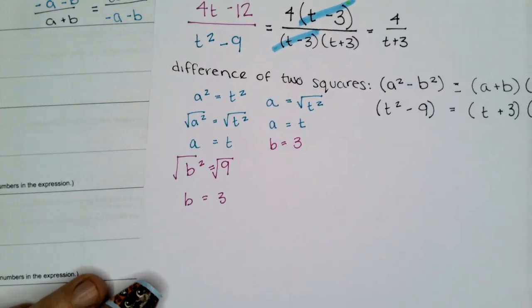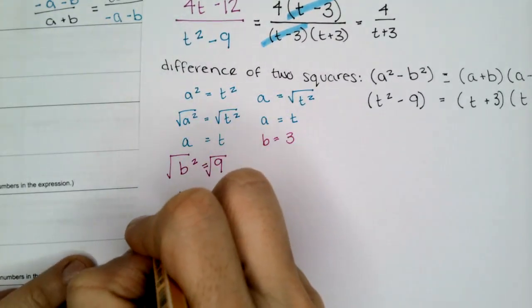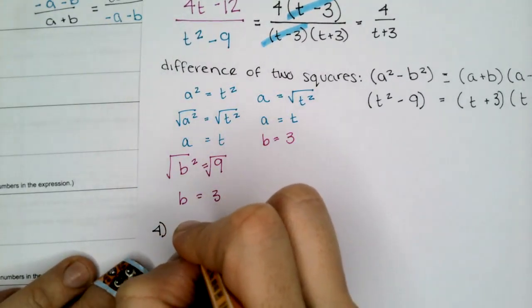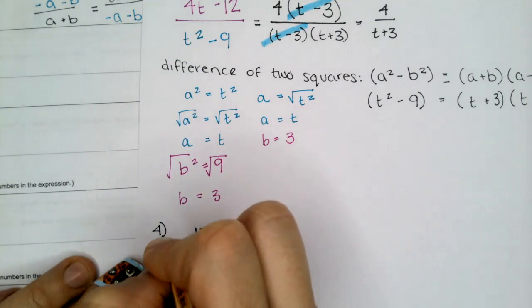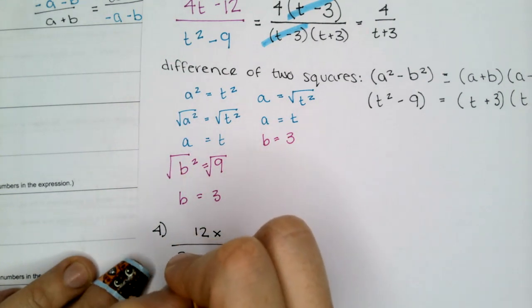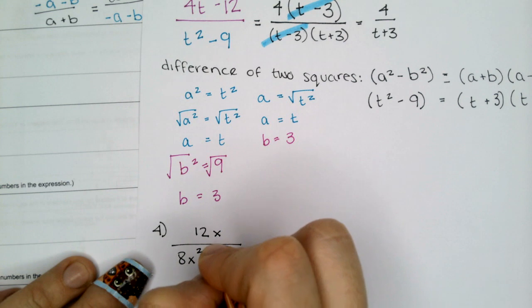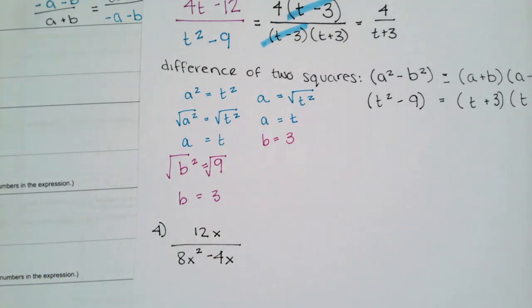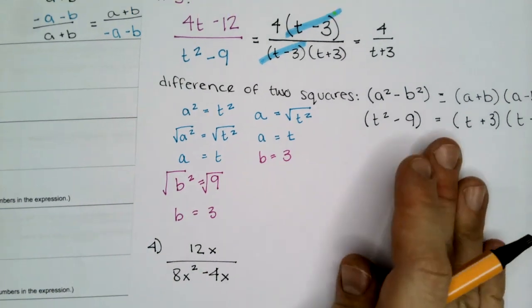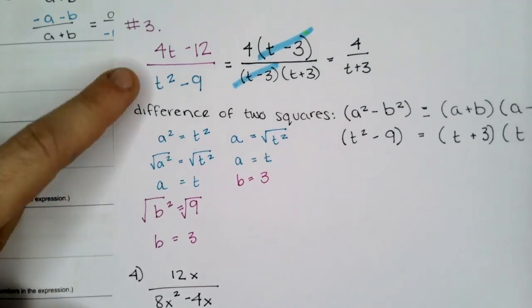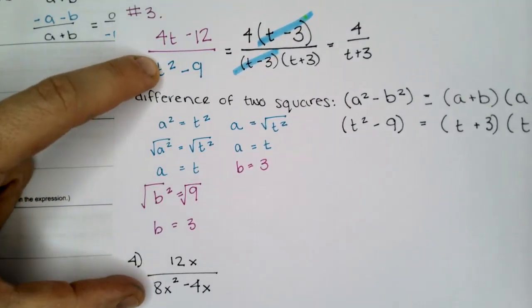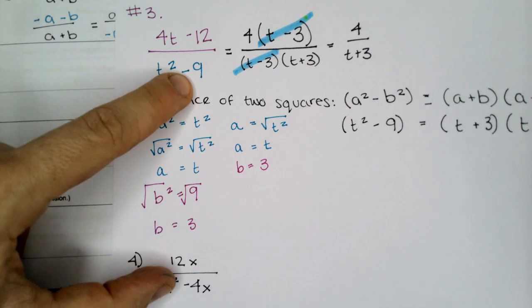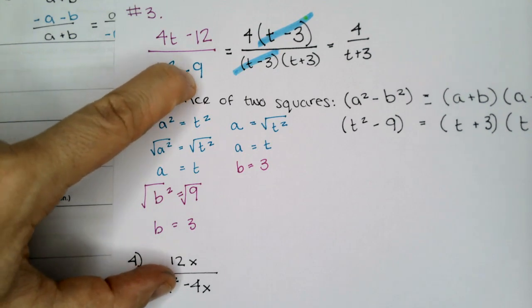Number 4 is 12x over 8x squared minus 4x. So you might see this and think that looks like that, right? I have an exponent squared minus something, right?